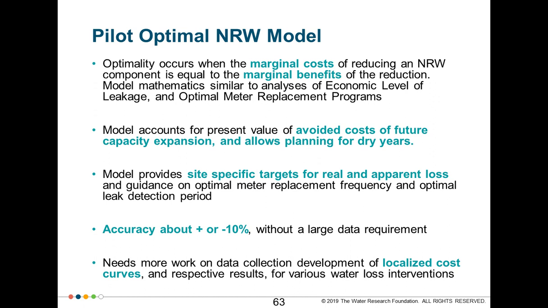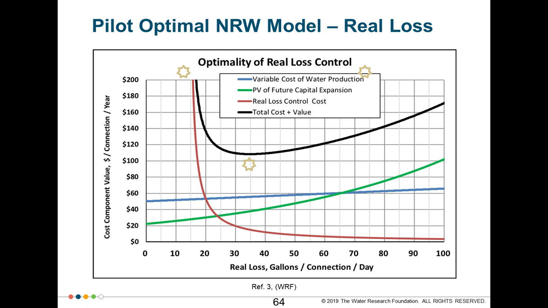It does need a little more work on calibration of local cost curves due to limitations of available data, which we'll get into later, but it follows the typical graph you may have seen on economic level of leakage, ELL, with a total cost curve in black reaching a minimum. But it has an additional element, which is the green line, which is the value of future capacity expansions.